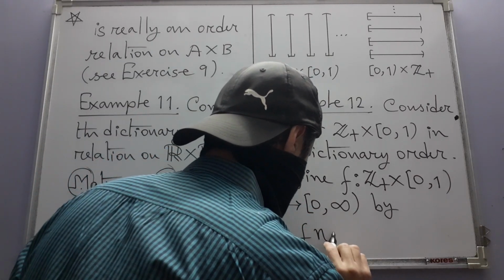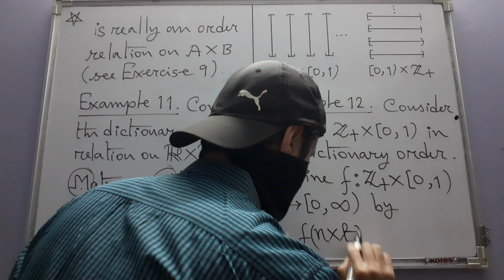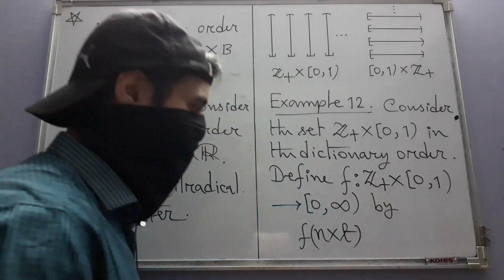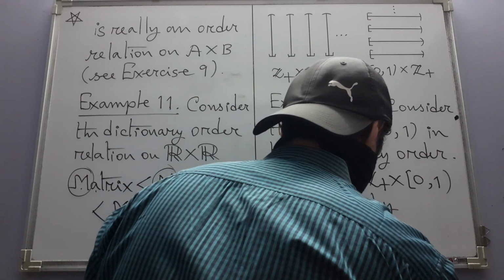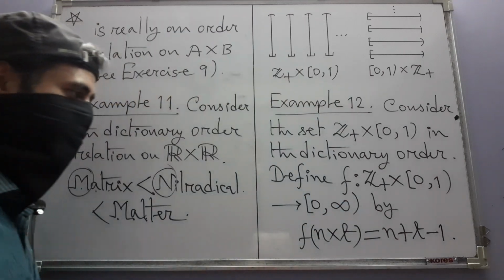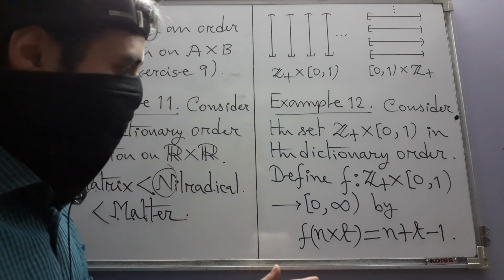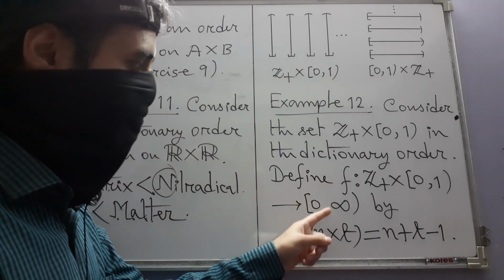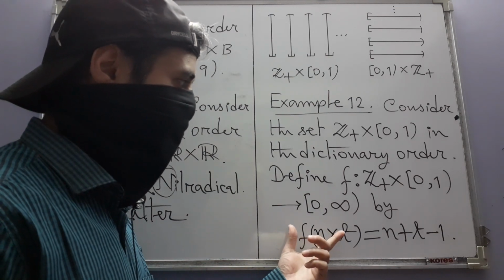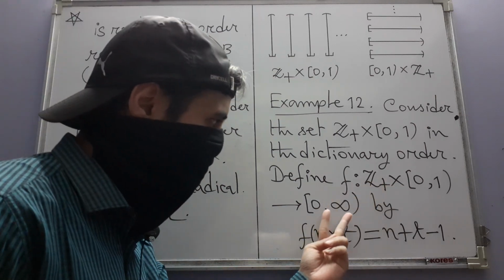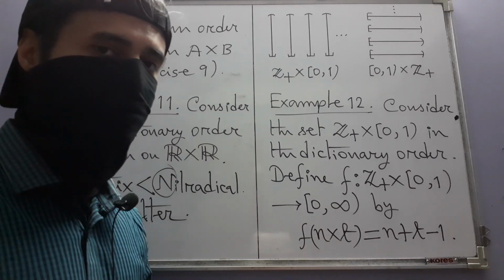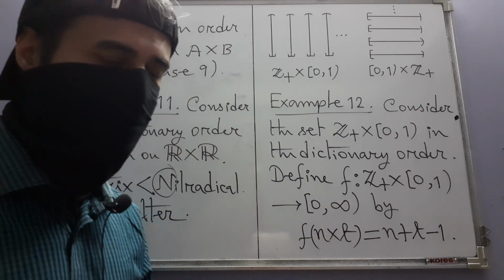So in general it's going to look like this: n is a positive integer and t is a real number coming from this interval. And the definition is f of n times t equals n plus t minus 1. Our aim now is to show that f is an order preserving bijection. And once we show that, these two sets will have the same order type. As ordered sets, they will be isomorphic to each other. You can also say it like that.